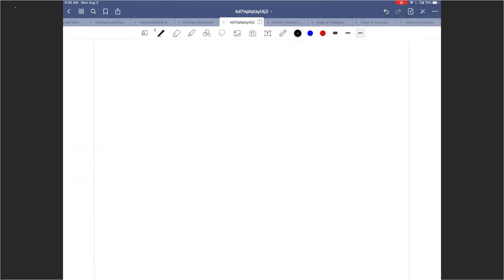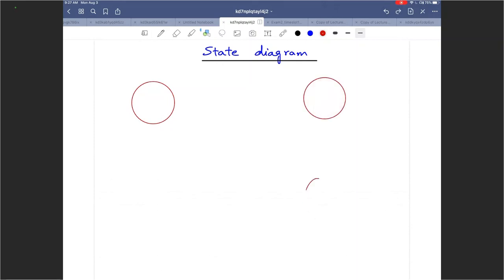So state diagram, right? I have 4 circles: 1, 2, 3, and 4. And let me call this S0 and S1 and S2 and S3.